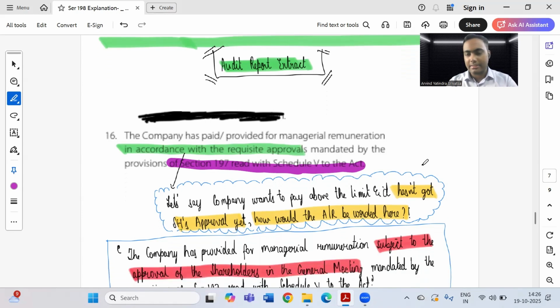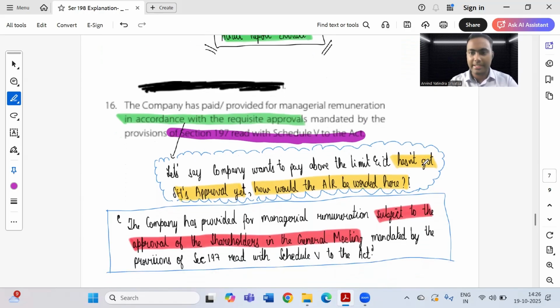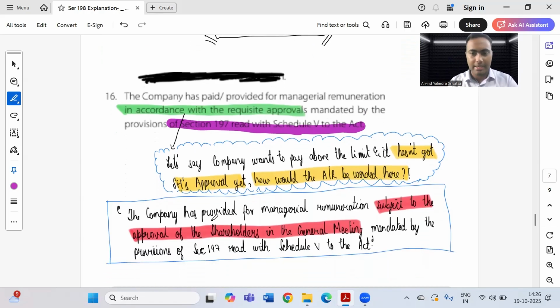And let's say the audit report is going to be signed today, but the general meeting for the approval of the excess has not been held on the date of the sign of the audit report. So what would happen is, this would be the wording that would be coming. The company has provided for managerial remuneration subject to the approval of the shareholders in the general meeting, mandated by the provisions of section 197 read with schedule 5 to the act.